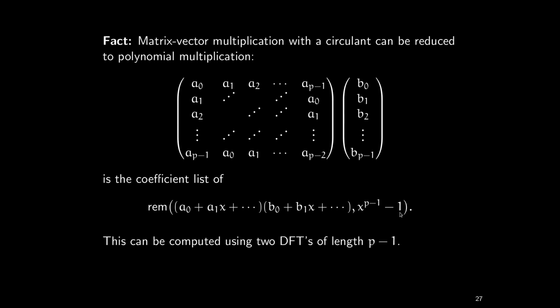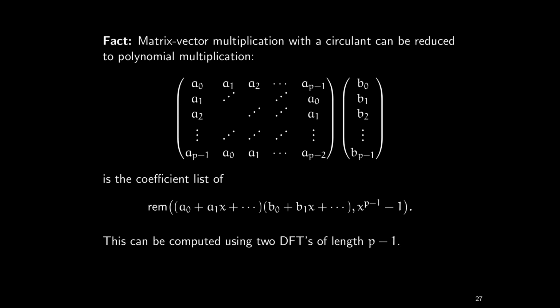That means I can do it with 2 or 3 DFTs of size p minus 1. And before I said if p is a prime, then p minus 1 is not.